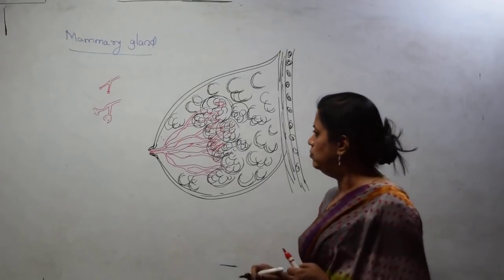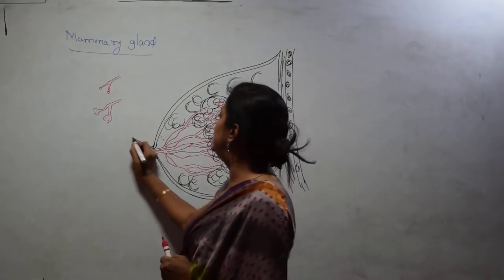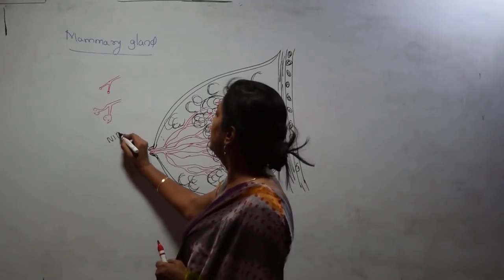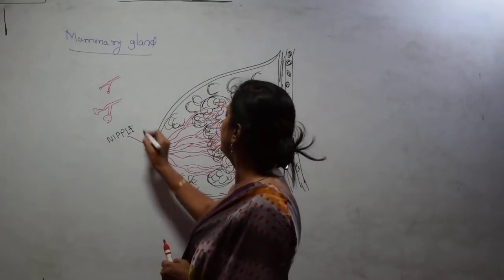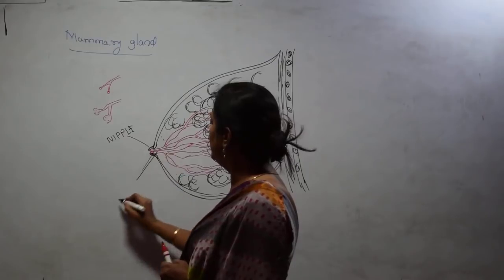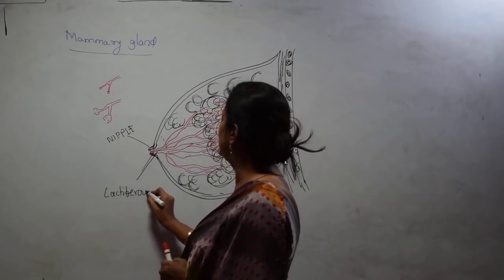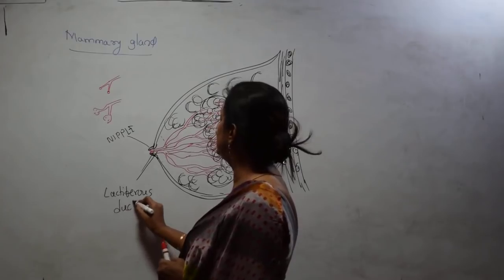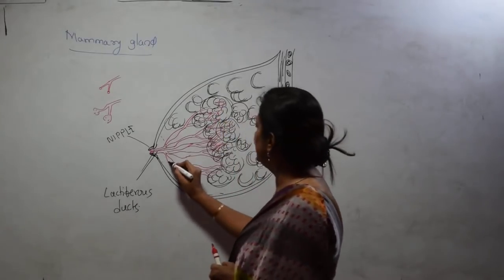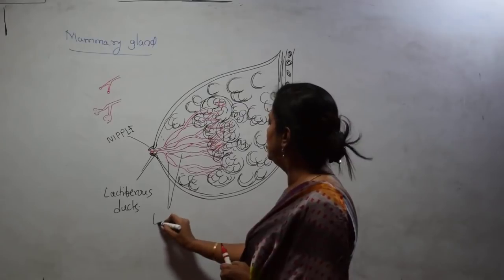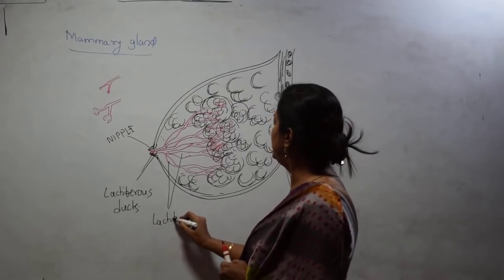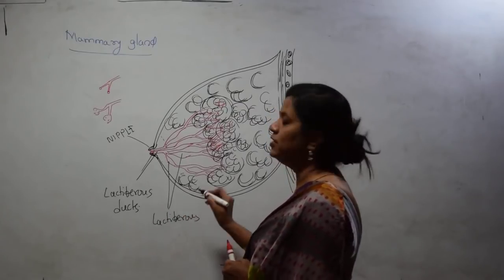What are we to label? So let me begin with this. This is the nipple. These are the lactiferous ducts. And these are the lactiferous sinuses, the depositing structures.